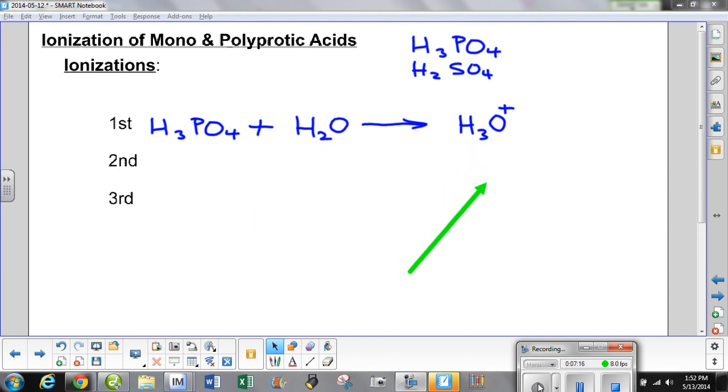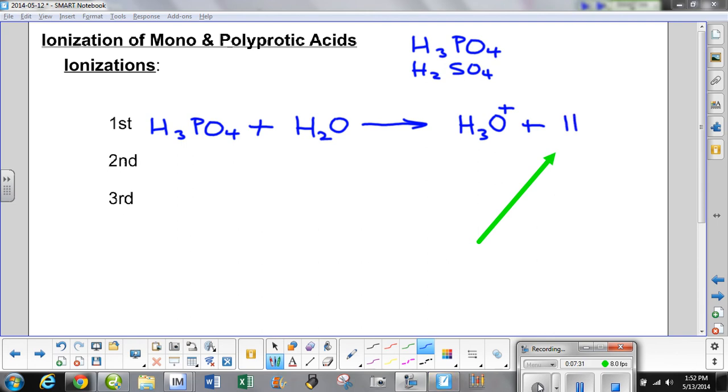What's left of it after we get rid of one of these hydrogens? H2. Good. So over here, we're going to have H2PO4, and we lost a positive charge. So what's the charge on this going to be? Negative. It is a 1 minus.